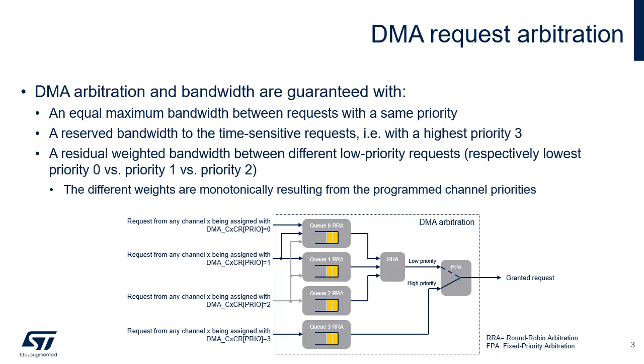Time-sensitive requests should be assigned the priority 3, which is handled with a fixed higher priority scheme over the priorities 0 to 2. The residual bandwidth is shared by requests of priority 0 to 2 by implementing a weighted round-robin allocation for these non-time-sensitive channels. The different weights are monotonically resulting from the programmed channel priorities, the Q0 having the lowest weight.